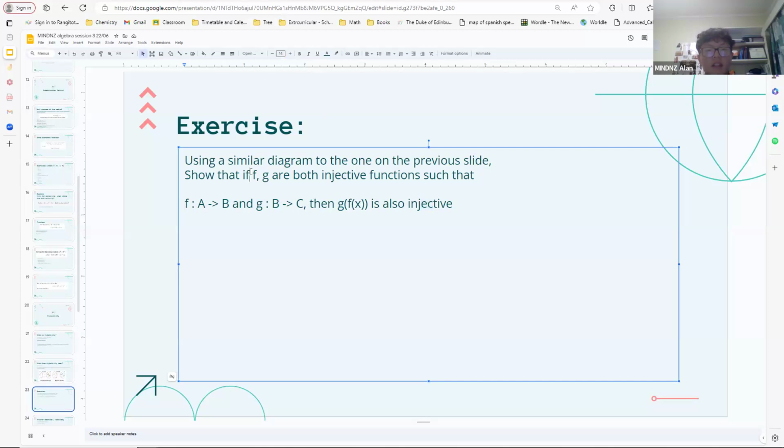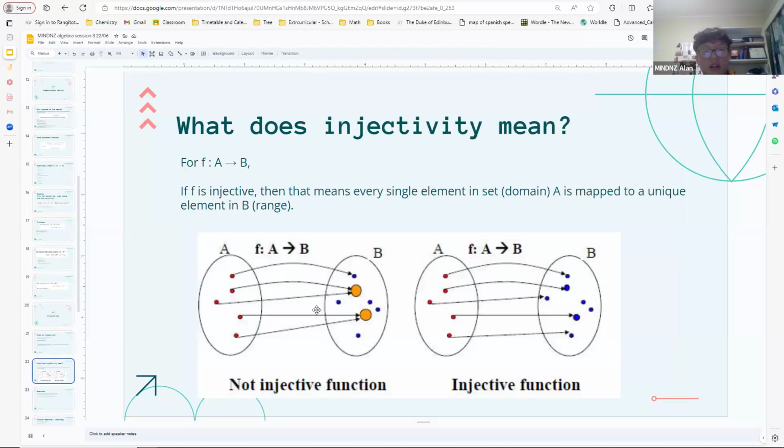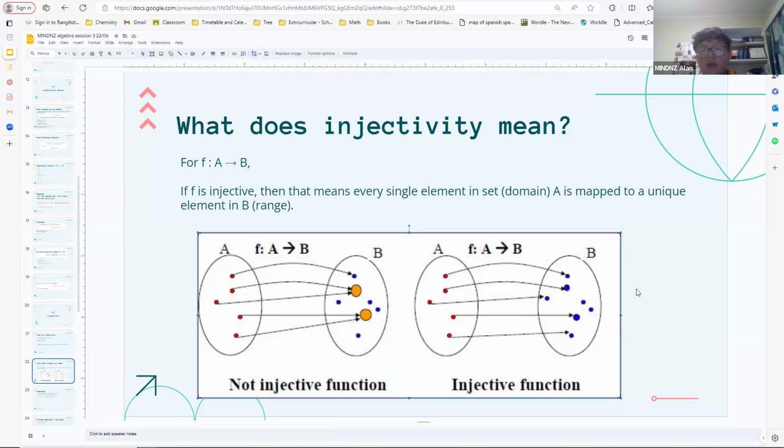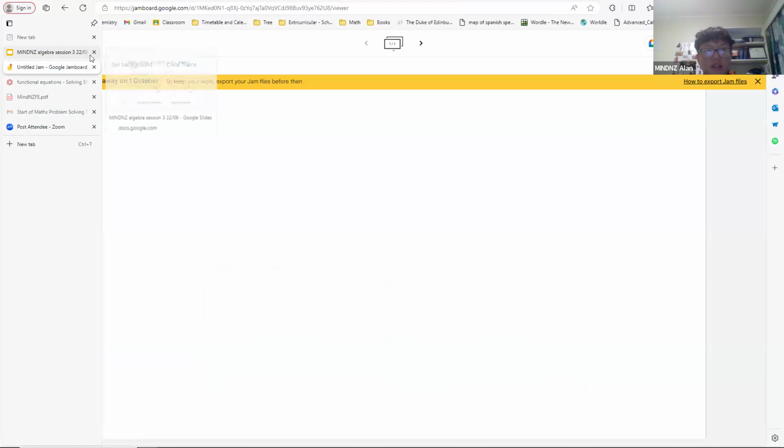So basically, this exercise is showing that if you have these dots mapped to a unique thing in B, and these dots in group B mapped to a unique thing in an imaginary group C that's not in the diagram, then all the outputs from f used as inputs into g are mapped to a unique element in C. I'll give you guys 30 seconds to try this out.